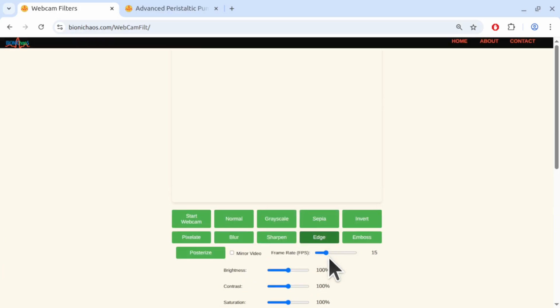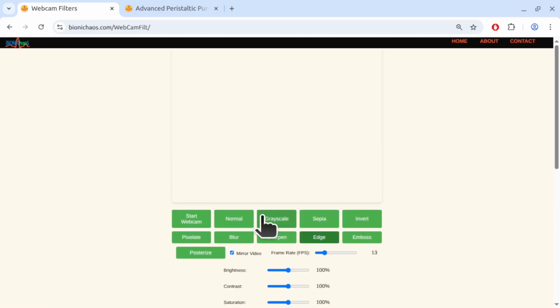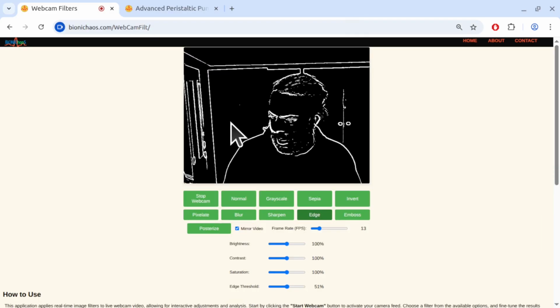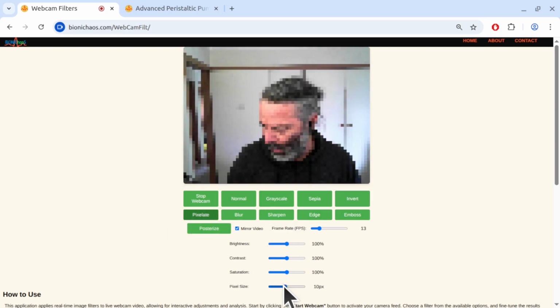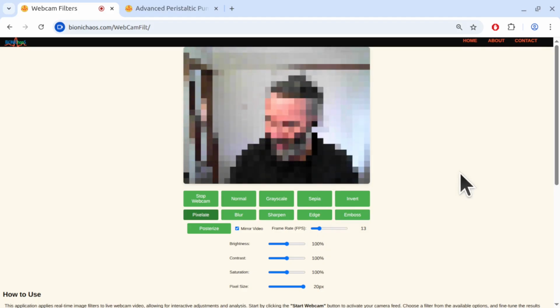Have this webcam filter. You can set your frames per second, mirror video, edge threshold. Let's make it 60. Start your webcam. Hello. This is the kind of tools that we have. Where is pixelate? Can pixelate. Select your pixel size so you look like, what is it? Roblox?